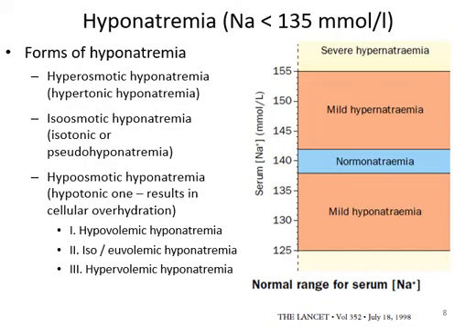In hypoosmotic hyponatremia, there are three further categories: hypovolemic, isovolemic, and hypervolemic hyponatremia.